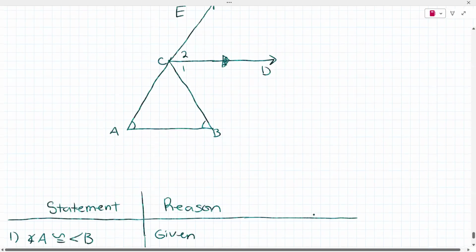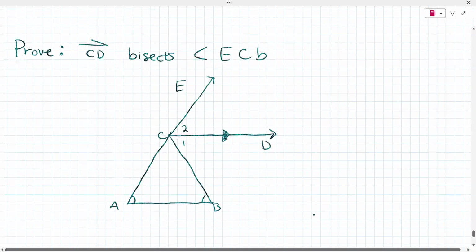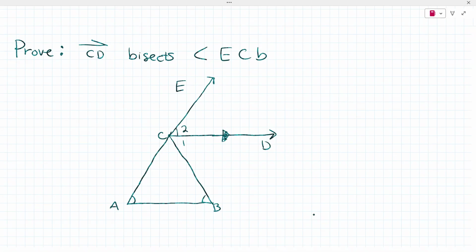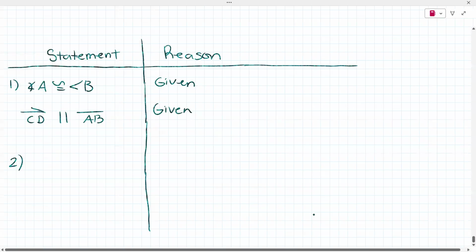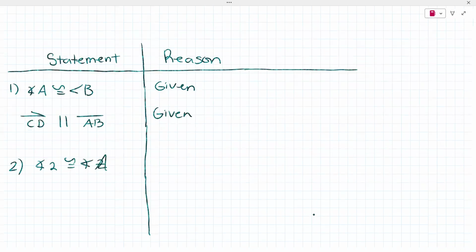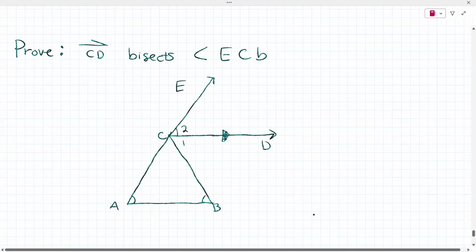We could say that angle 2 is congruent to angle A. Why? Let me write that down. Angle 2 is congruent to angle A. Okay, what would be the reason?